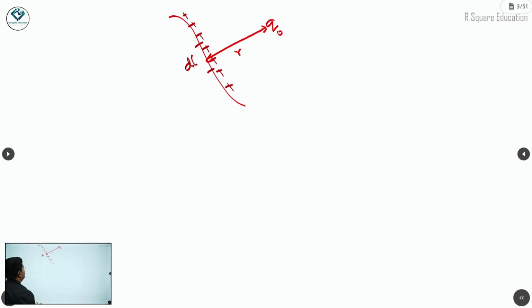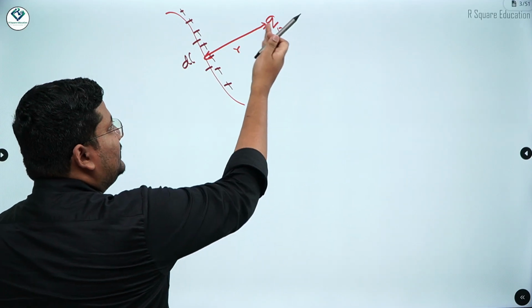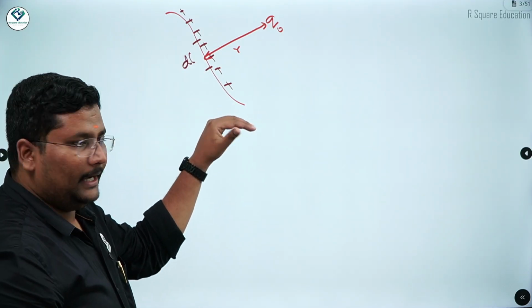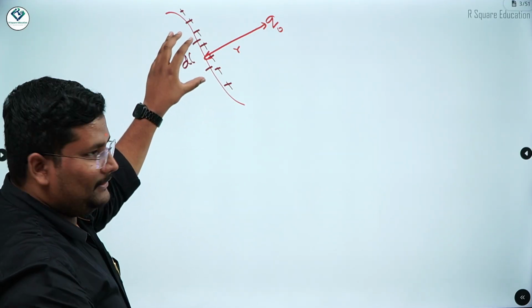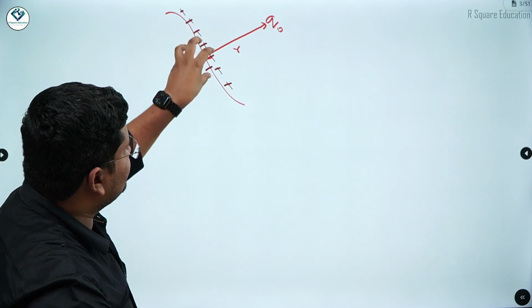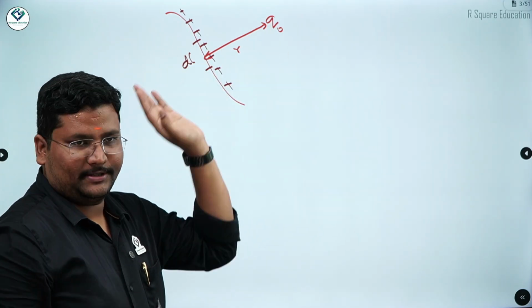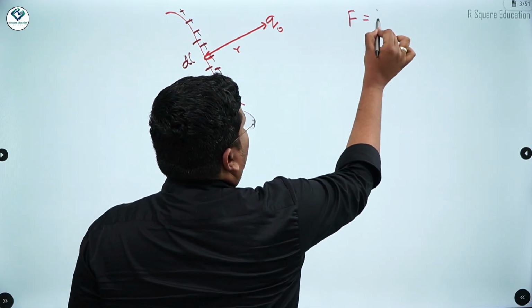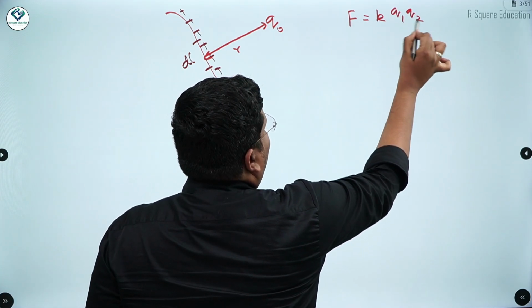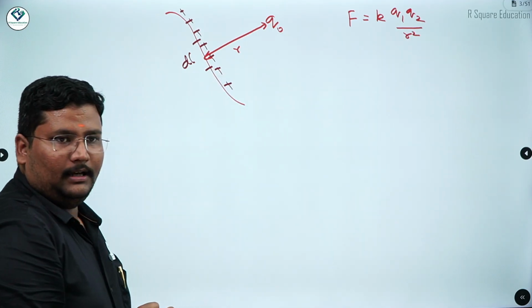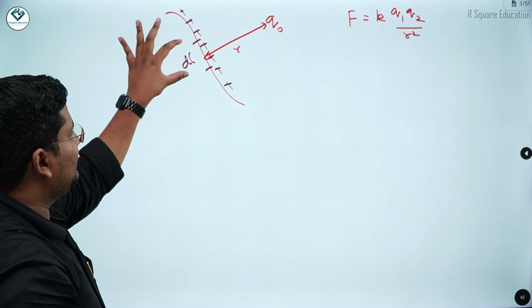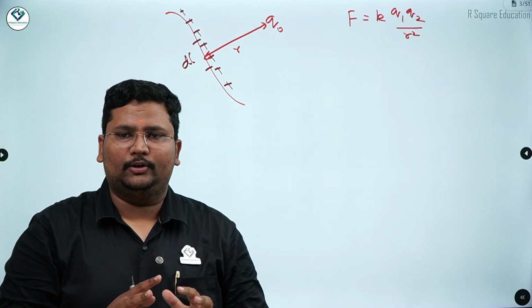Now the force of attraction or repulsion between these two charges, I'm not taking the entire length, I'm only taking this part of length where the amount of charges within this length is only going to contribute for the force. And we know the force is F is equal to k q1 q2 by r square. And again, I am not going to take the total amount of force because I am only getting this particular length.